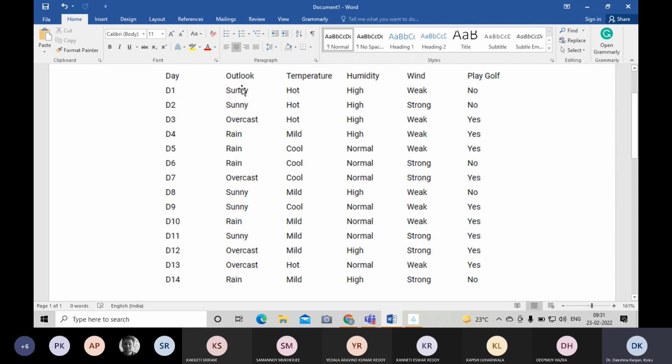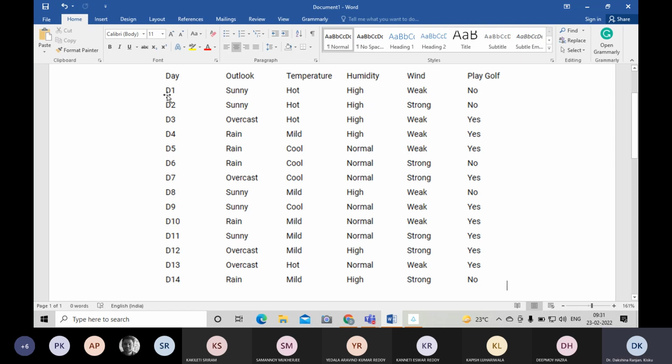In this data set there are 4 attributes: outlook, temperature, humidity, and wind. And there is a class attribute also. So in this class attribute there are only 2 decisions, either yes or no.